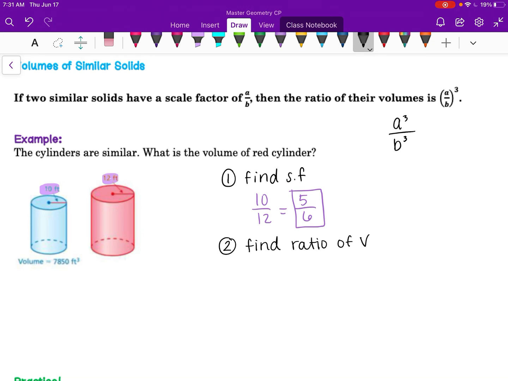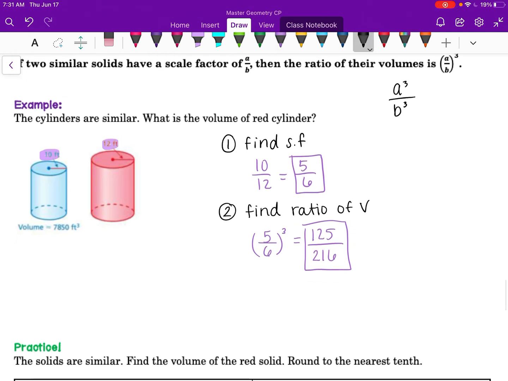To find our ratio of volumes, we want to take our scale factor and cube it. So 5 cubed is 125. And 6 cubed is 216. So here we have our ratio of volumes. Then from there, we can set up our proportion and solve.